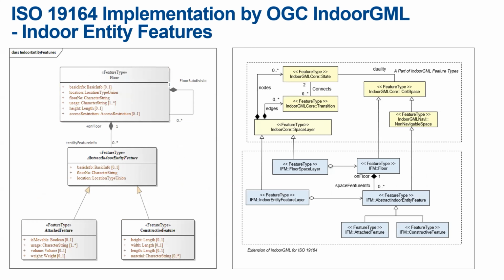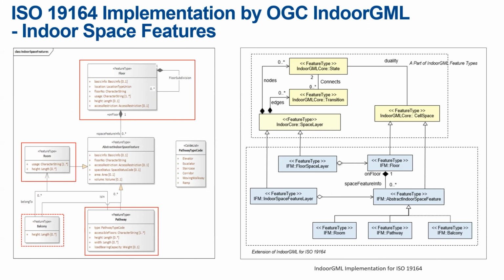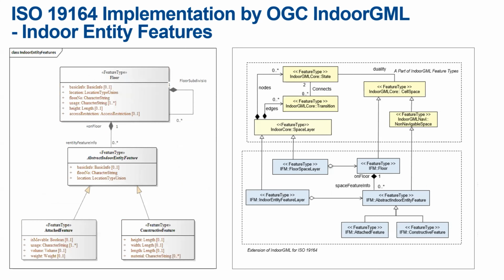The next one is indoor entity features. While the space features define the space, the entity features describe the features of indoor space. The left part is the data model from ISO 19164, which includes the floor, and within a floor, we may attach or place several entities like attached features or constructive features.